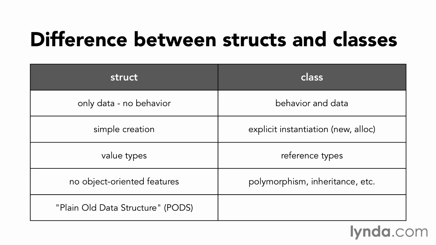C has no classes, no inheritance, no polymorphism, so structs have none of these things. And because of all this, because of their simplicity, structs are sometimes referred to as plain old data structures or PODs. But even in object-oriented languages, this idea of structs is still useful, because there are times when all we want is a simple, bare-bones, plain old data structure. We don't need the extra weight that comes with a class.